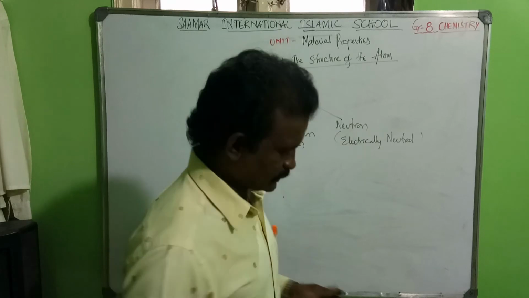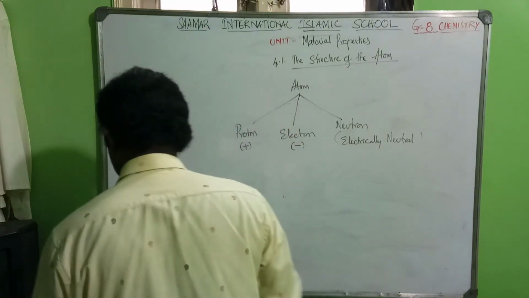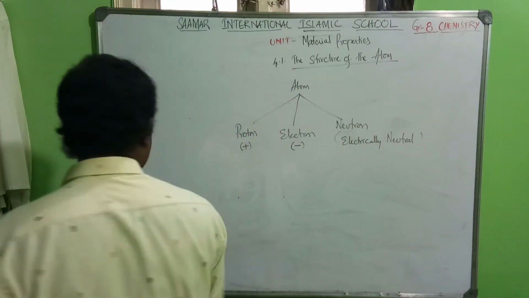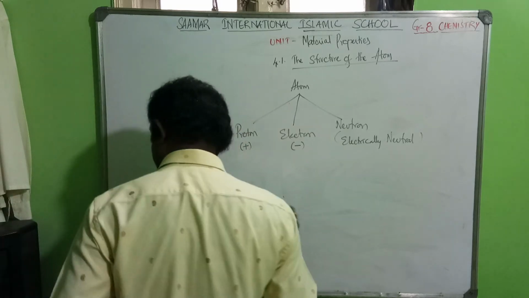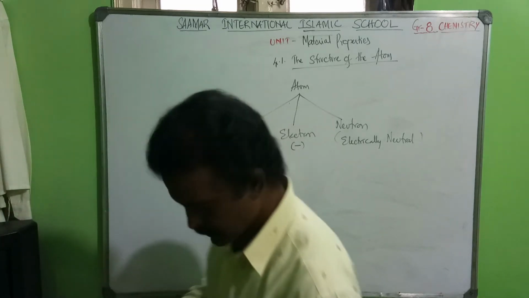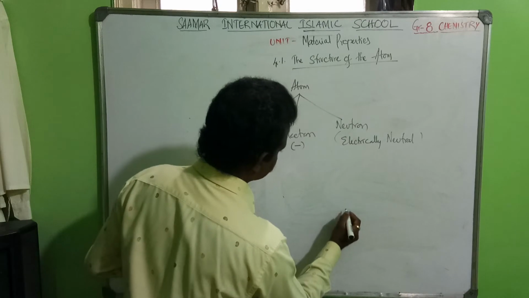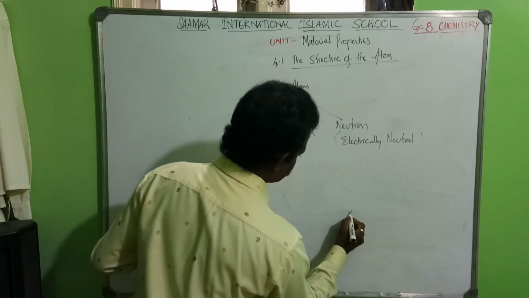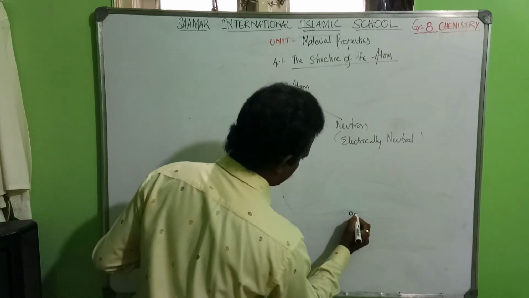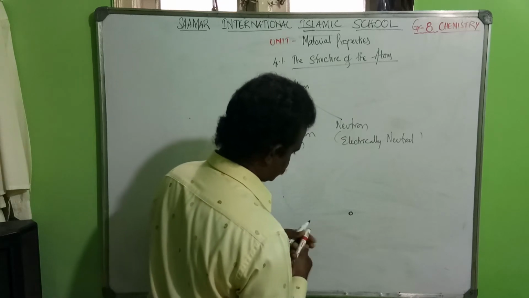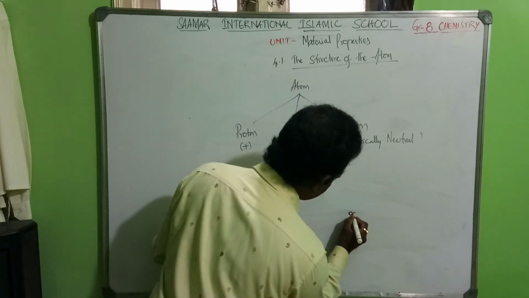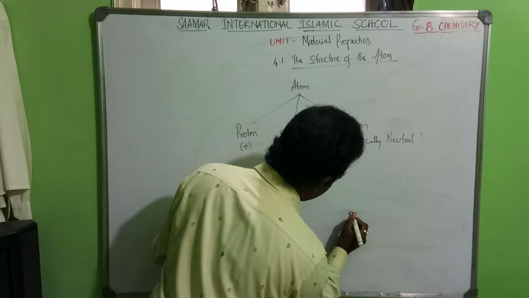Now I'll show you the structure of an atom. I'll just draw it. I'll use two or three colors, you can see now. This is your proton and this is your neutron.